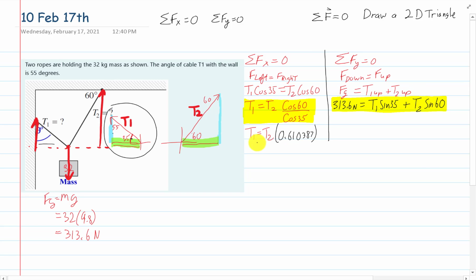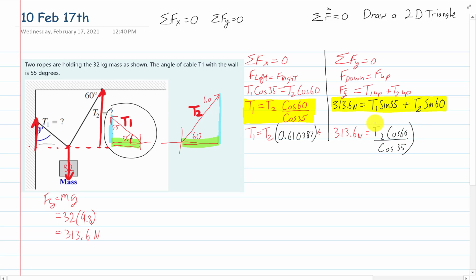You solve for T1, and put in where T1 is this value here. So I'm going to do it without doing this step here, even though that's just a relationship. I'll go 313.6 newtons is equal to, now instead of T1, I write down this, T2 cos 60 over cos 35.